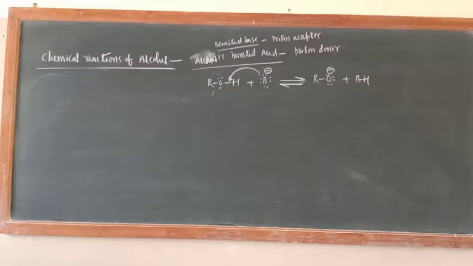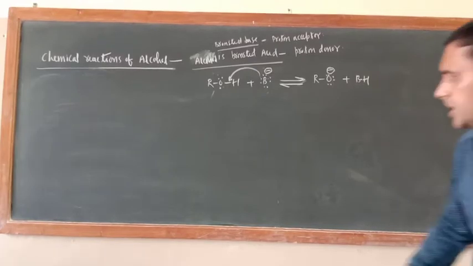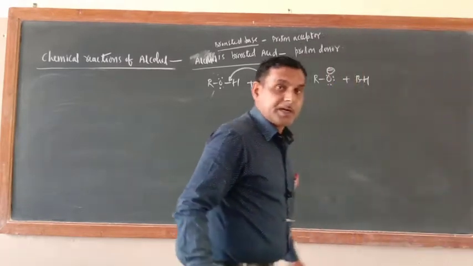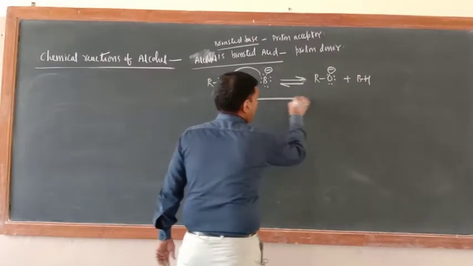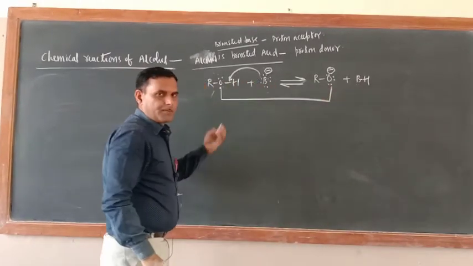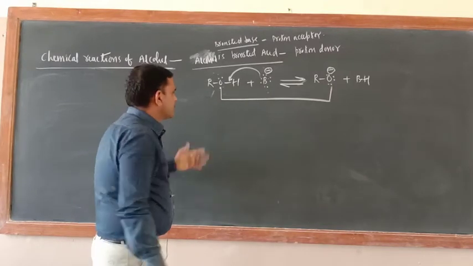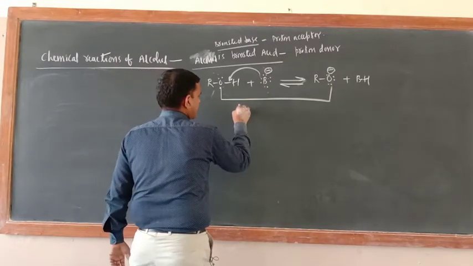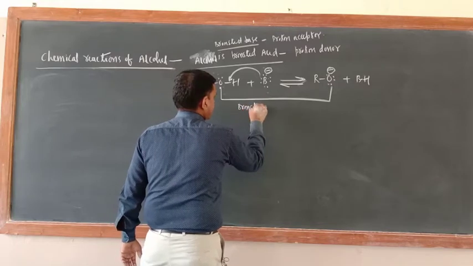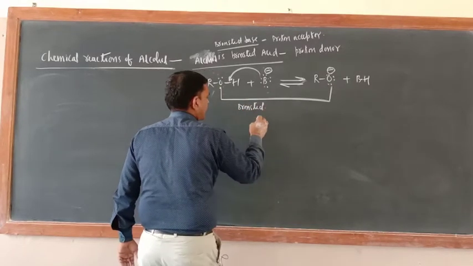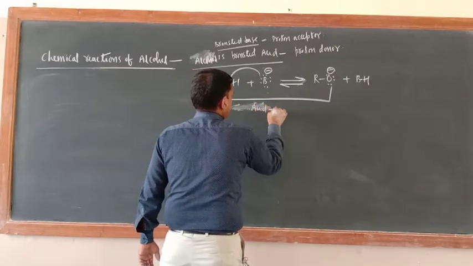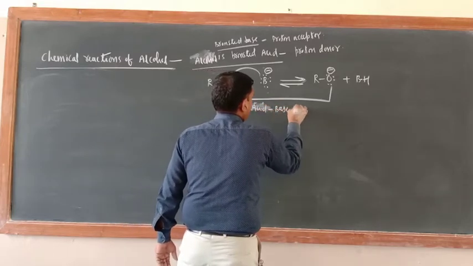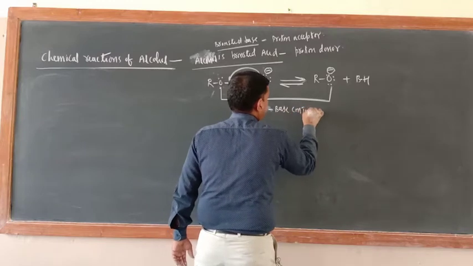So in the Bronsted-Lowry concept, there is a concept of conjugate acid-base pair. Just see, between this one and this one, there is a difference of one proton. Last year I taught you. So this is Bronsted acid-base conjugate pair.